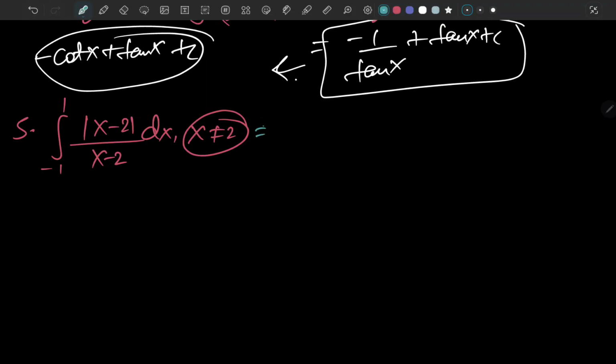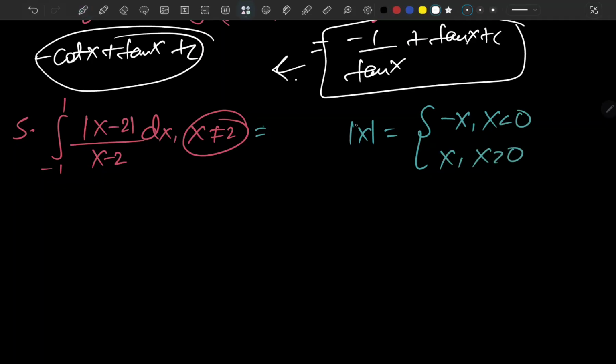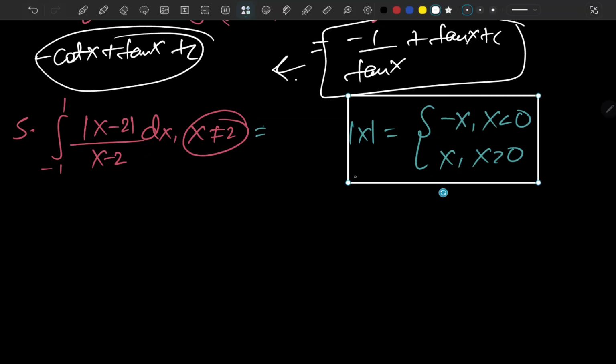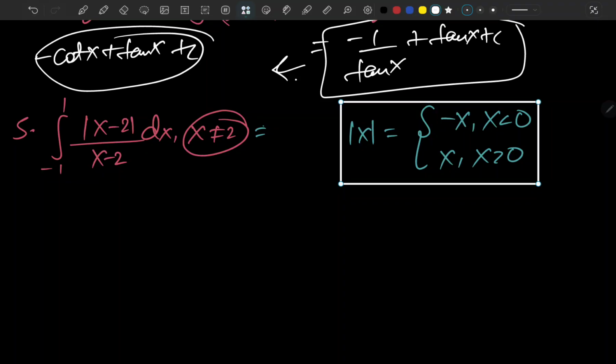And now we are just going to use the absolute value identity, that says the absolute value of x is negative x when x is less than 0, and positive x when x is greater than 0. Again, it needs to be remembered, or prioritized by you guys, okay?